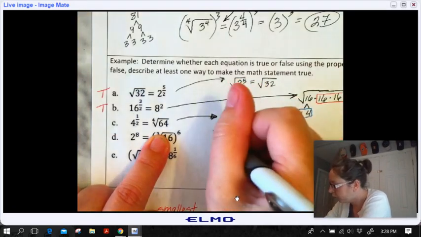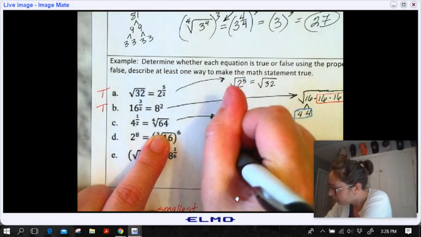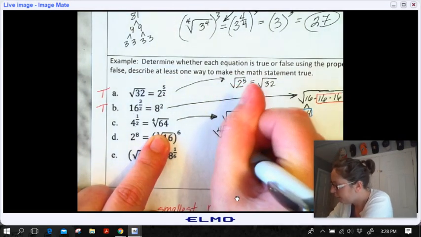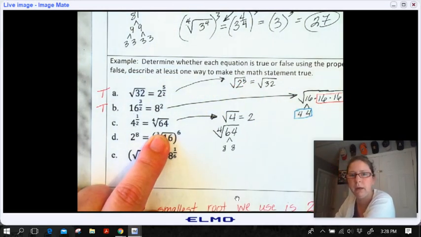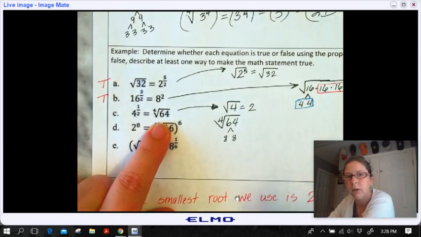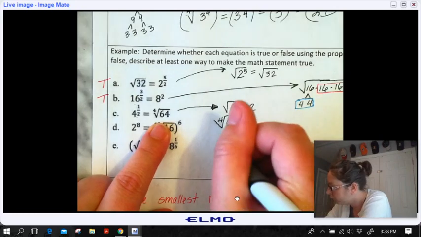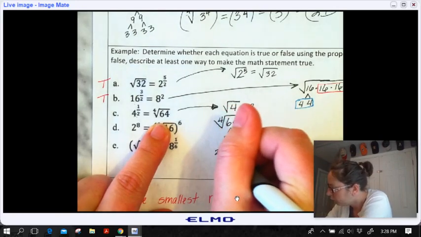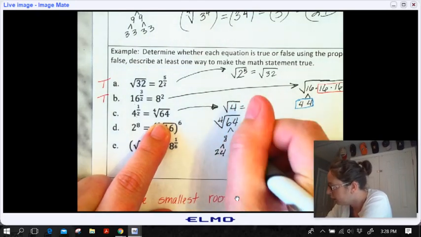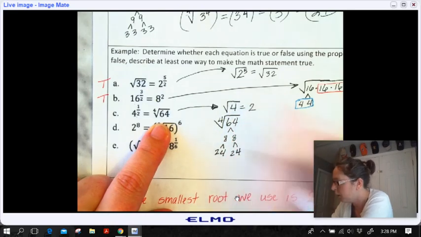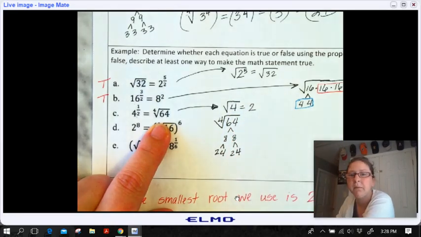So I could do 8 times 8, right? And then I could break those down into 2 times 4 and 2 times 4. But I still don't have any groups of 4.